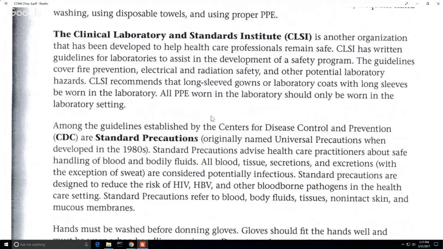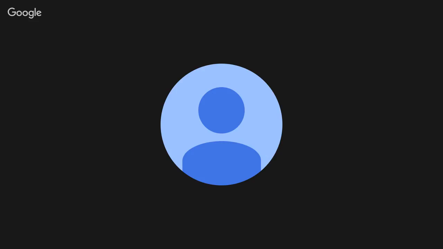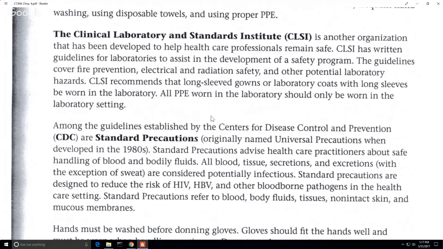So they have the standard precautions, originally named universal precautions when developed in 1980. These standard precautions advise the healthcare practitioners about safe handling of blood and bodily fluids. Now all blood, tissue, secretions and excretions, with the exception of sweat, are considered potentially infectious.